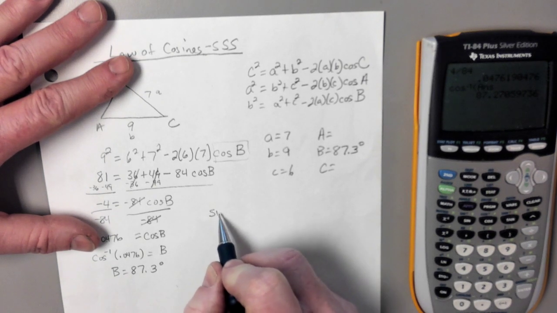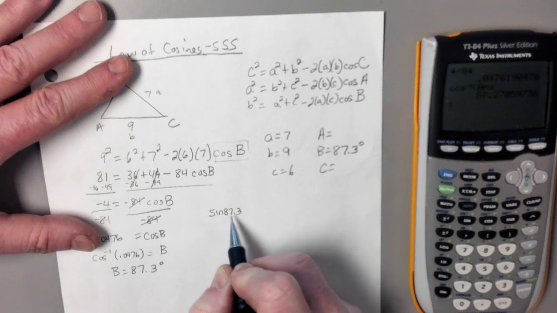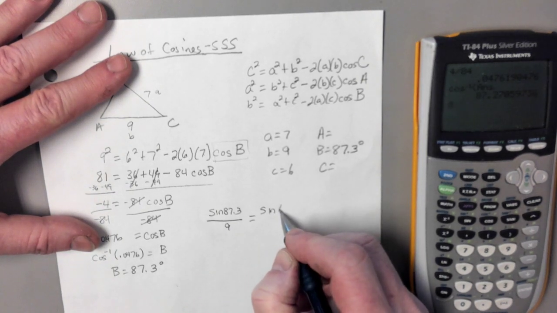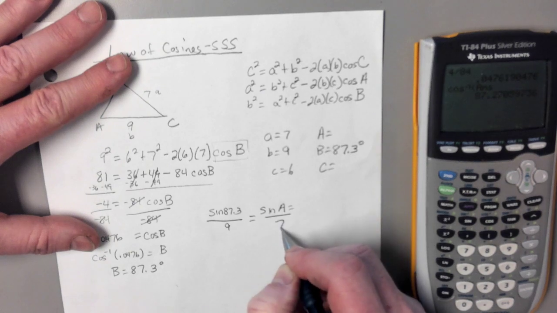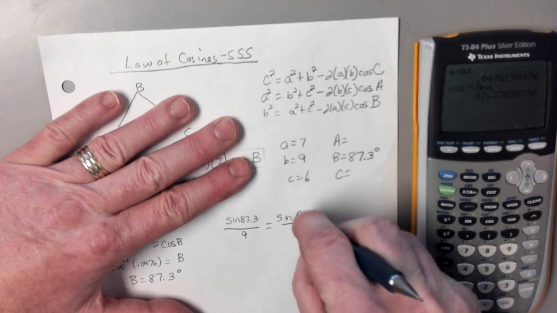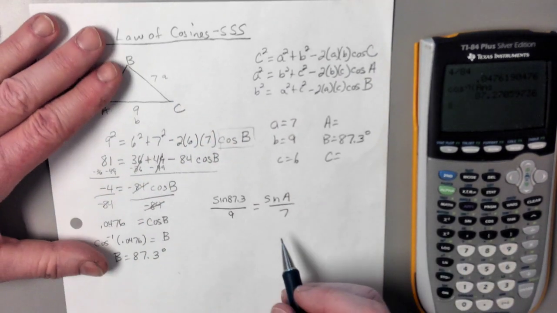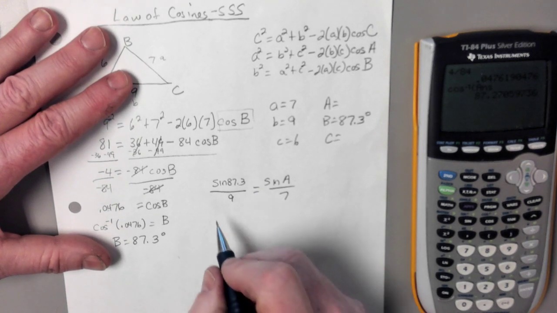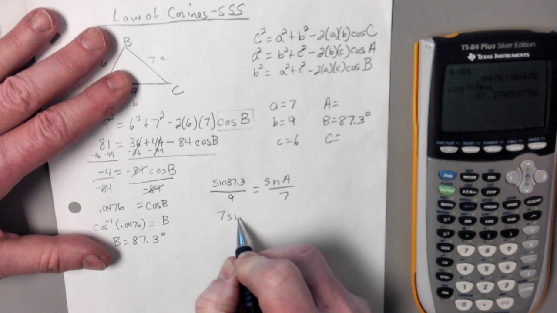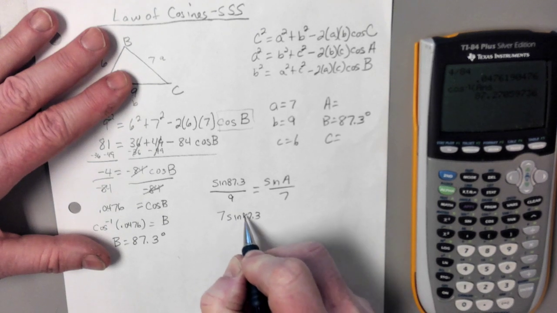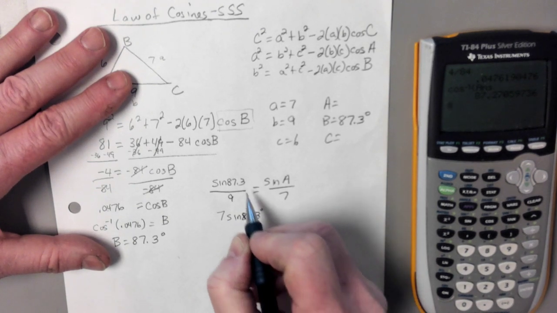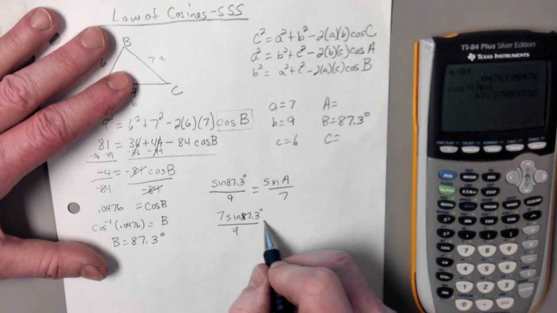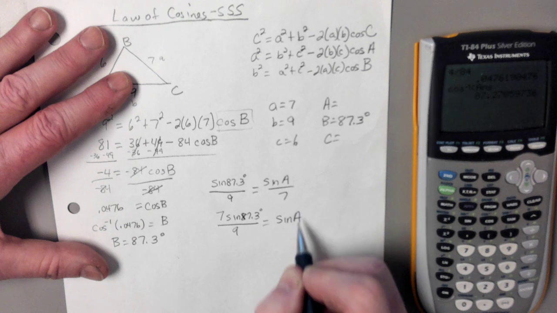So I'm just going to set it up. The sine of 87.3 over 9 equals the sine of angle A over 7. Solve this for A, so I'm going to go 7 times the sine of 87.3 divided by 9 is equal to the sine of angle A.